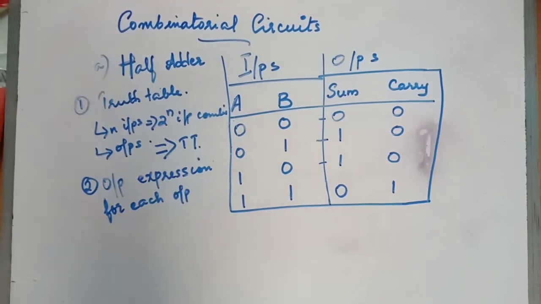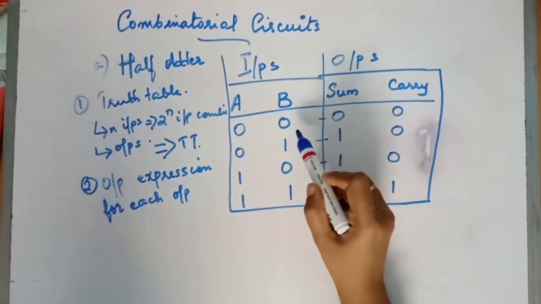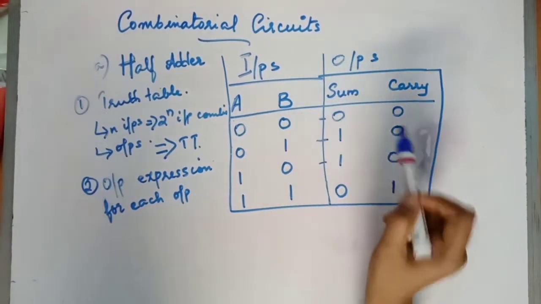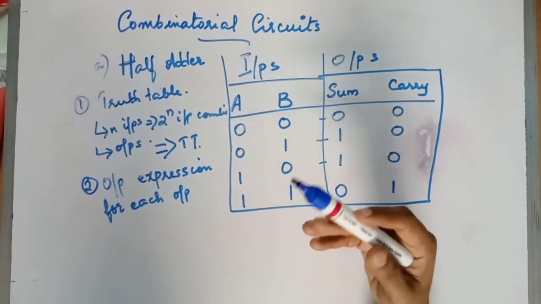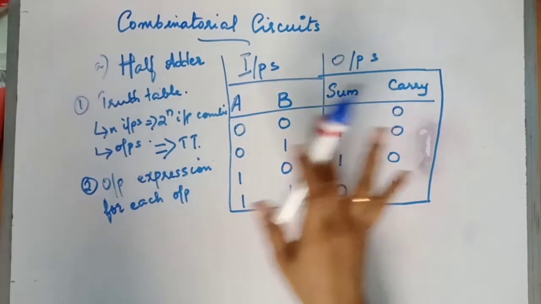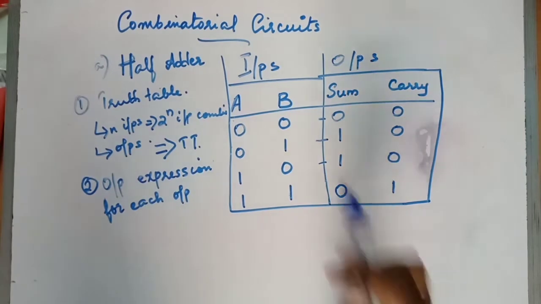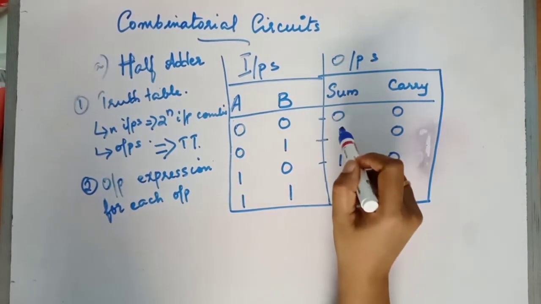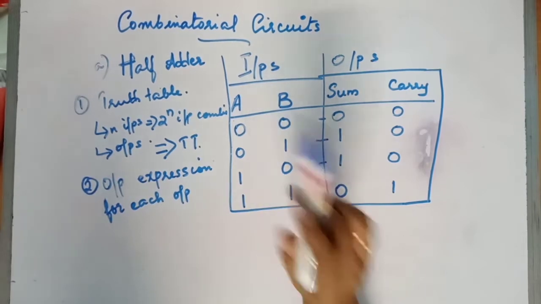Output depends on input. See, here why is it 0 0? Because the input is 0 0. 0 plus 0 is what you did. So you are performing some operation on the input to get the output. The output depends on the input in the case of a combination circuit. So output is related to the input.